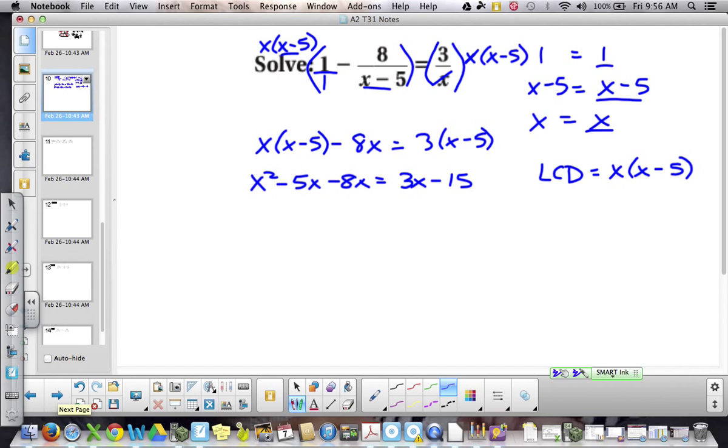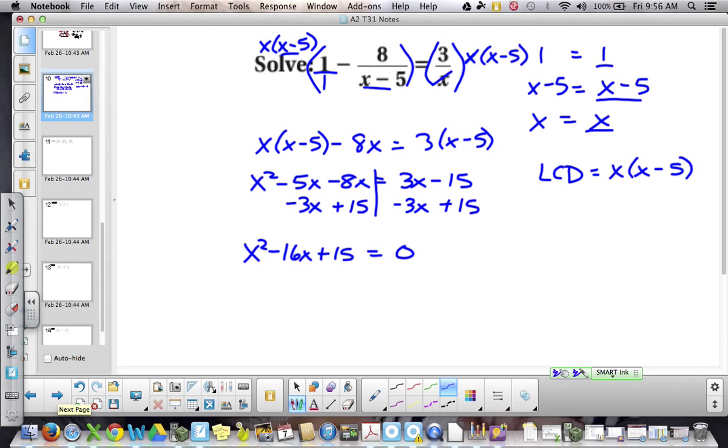This is going to be a quadratic equation, so in order to solve it, we need to get it set equal to 0. Let's subtract 3x on both sides and add 15 to both sides. Simplifying the left side, now we have x squared minus 16x plus 15 equal to 0.